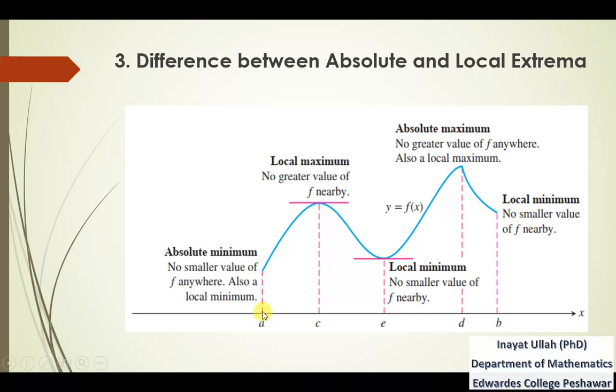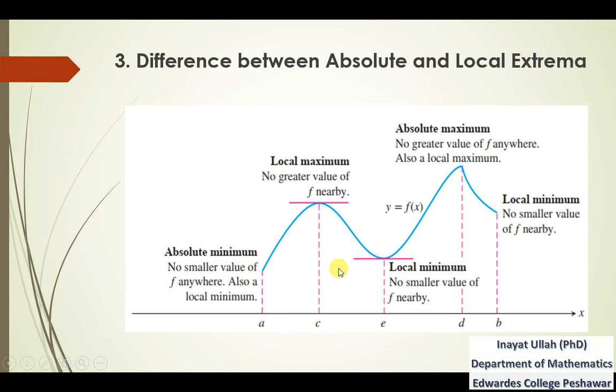For x equal to a, this is the value of the function f of a. This is c, and that is f of c. This is, for example, e, so that is f of e. This is d, so that is f of d, and this is b, so that is f of b.